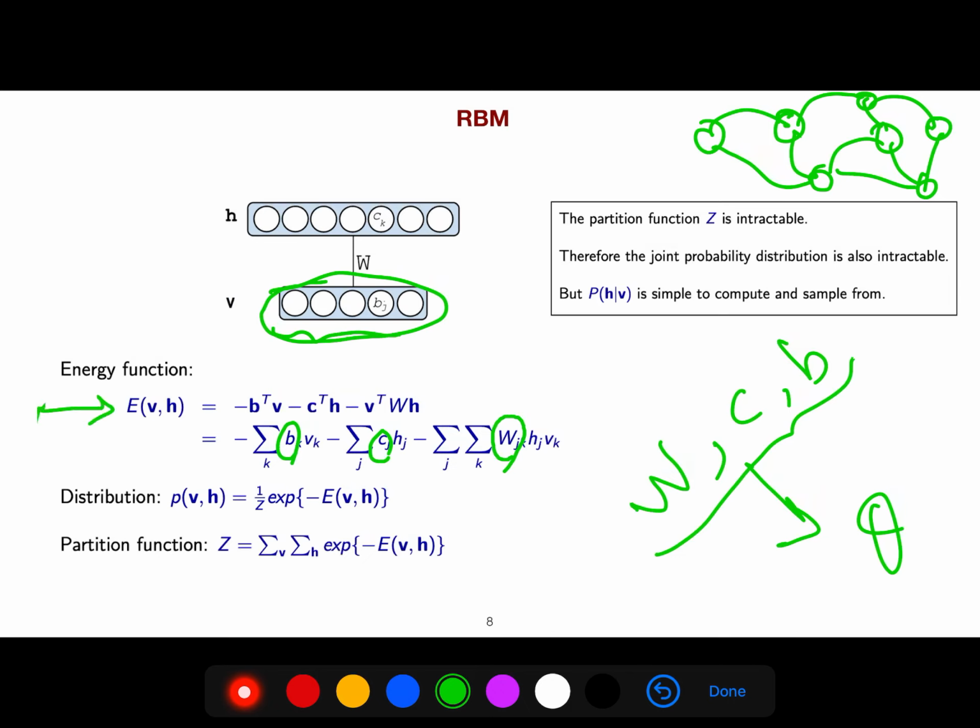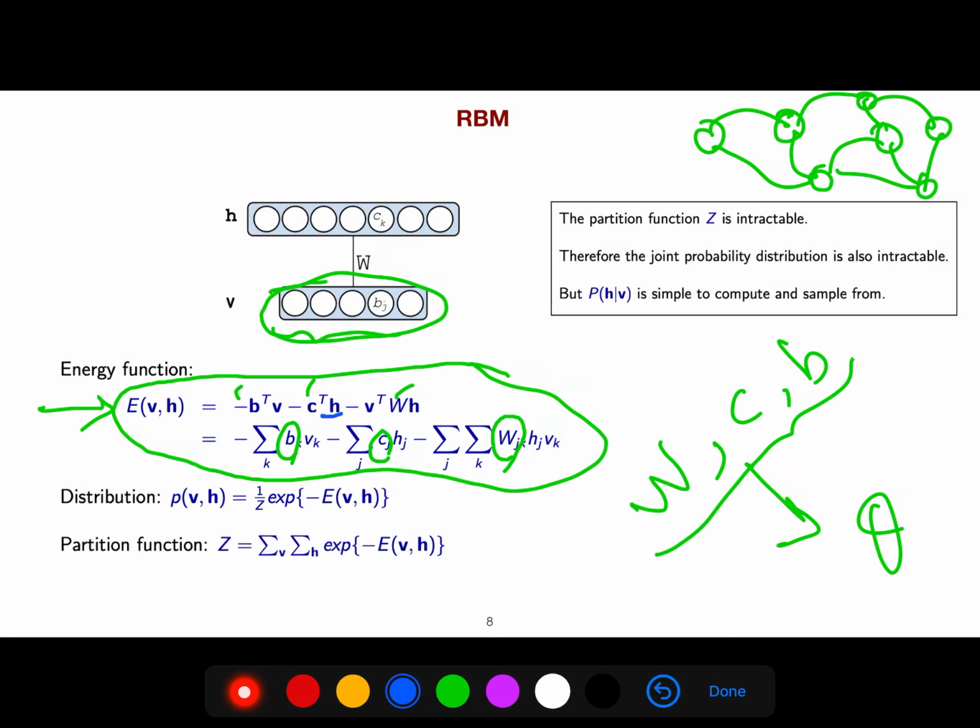Now you understand why you need to see my playlist for Hopfield networks, because I used the energy function there. And here we use an energy function, but a more general one, where not only do we have some weights, but also some biases C and B. H is your hidden states here, and V is your observation, your data, for example your MNIST data, or movie recommendations or anything.